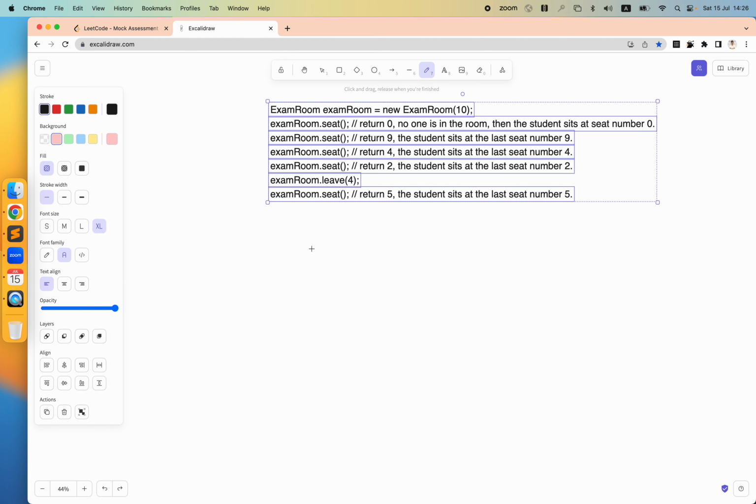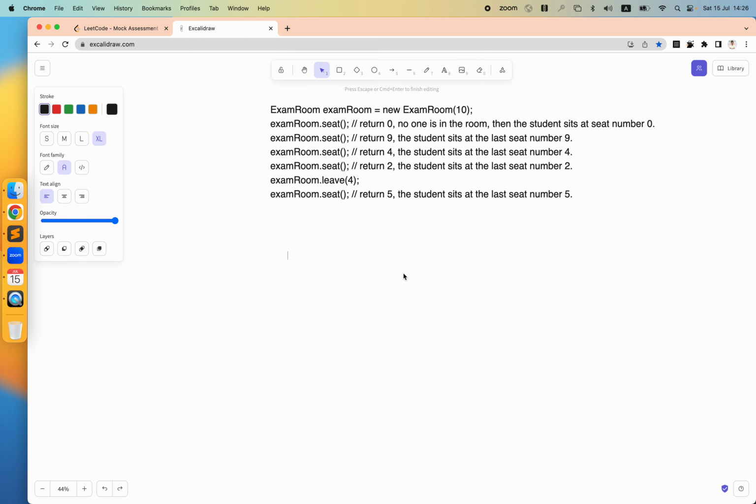Okay, so we have seats 0, 1, 2, 3, 4, 5, 6, 7, 8, 9. Okay, we have these seats. So if no one is in the room, then the student sits at 0.